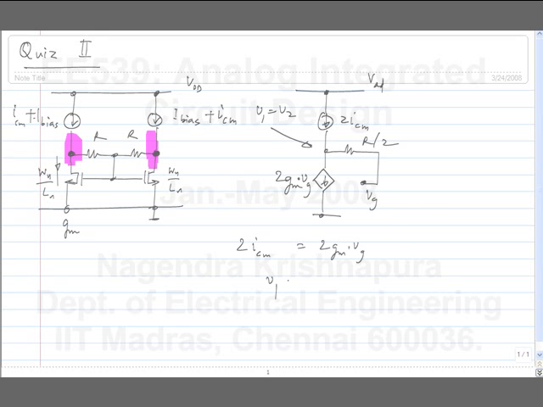So V1 and V2 are the common mode current divided by the transconductance of the transistor. In the differential case, we had V1 minus V2 equal to ID by 2 times R.